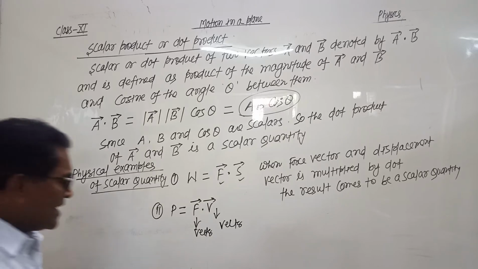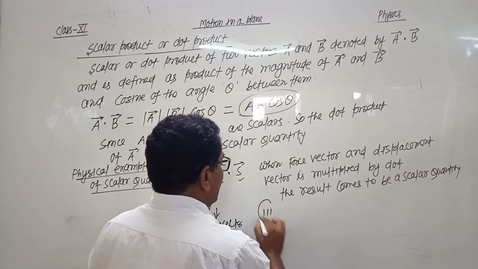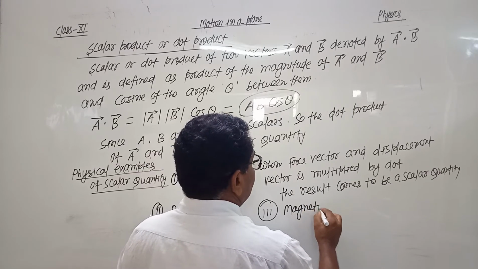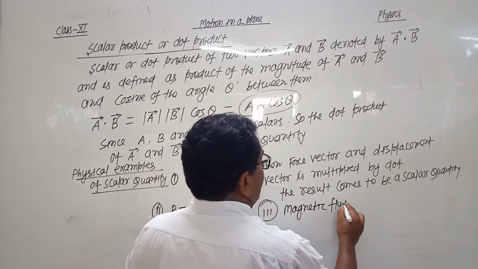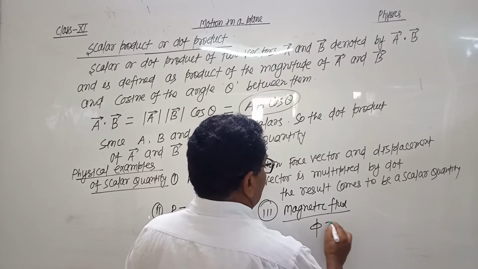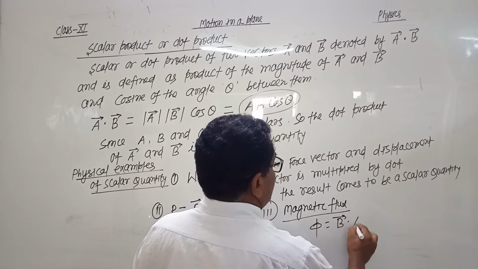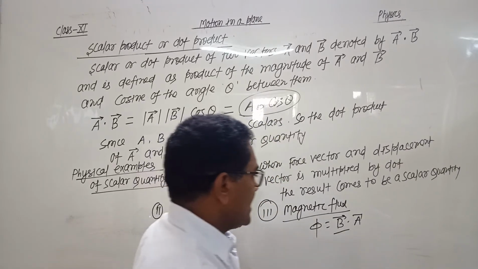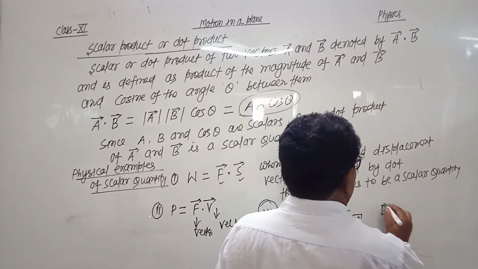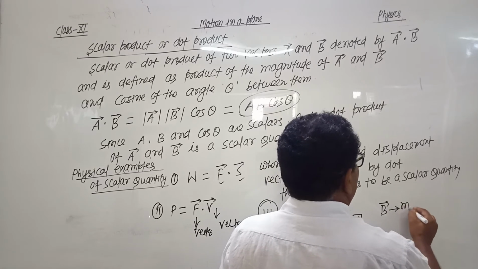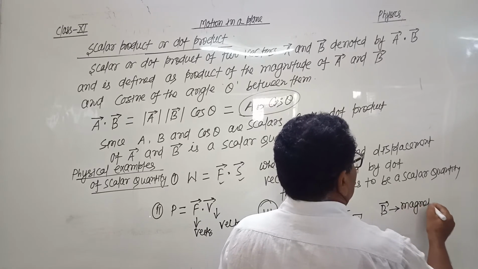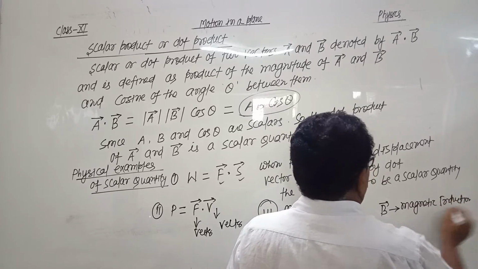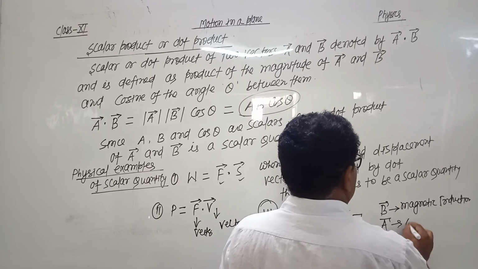Next, magnetic flux, which we studied in class 12. Magnetic flux is given by phi equals B dot A, where B is the magnetic field, or magnetic induction, and A is the area vector.